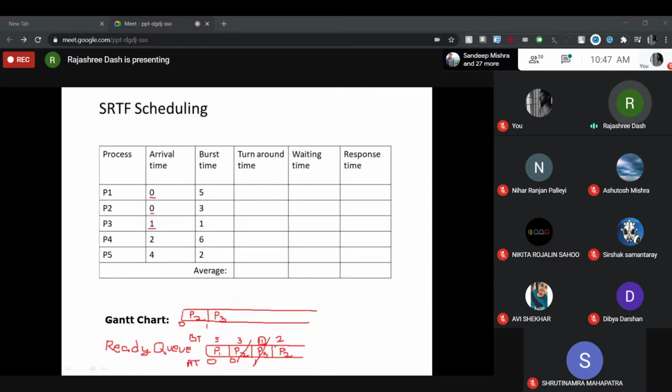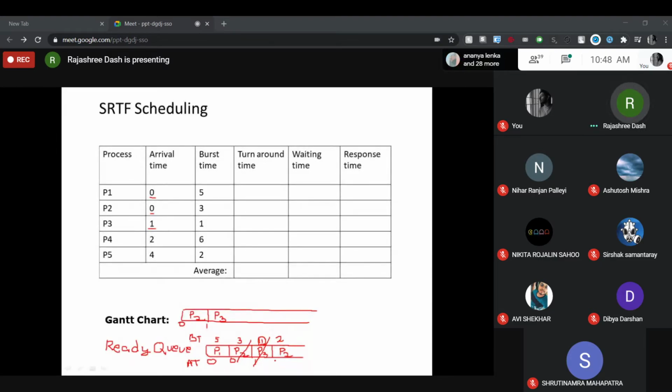The scheduler compares the burst time of P3, that is 1, with the remaining burst time of P2, that is 2. Whichever is smaller will be allocated to the CPU. So though P2 is currently executing, as the new process P3 has the smallest CPU burst time, P2 is preempted.